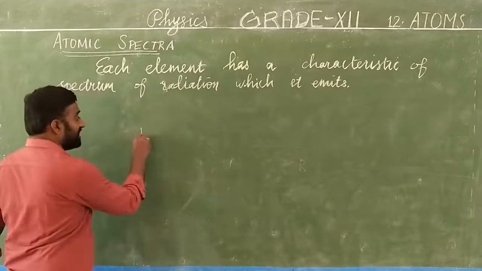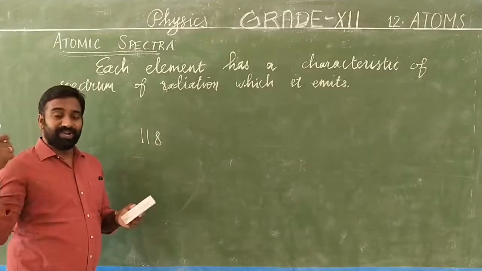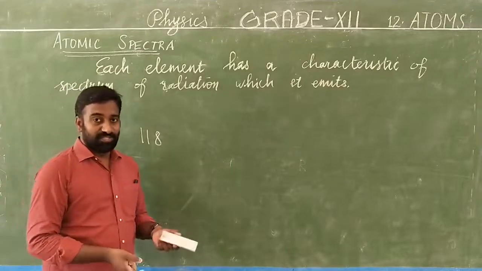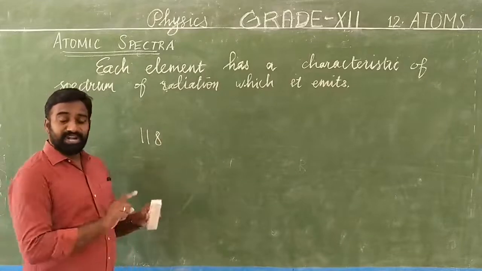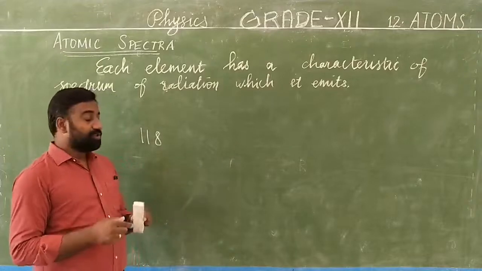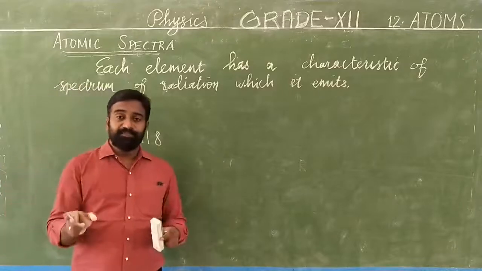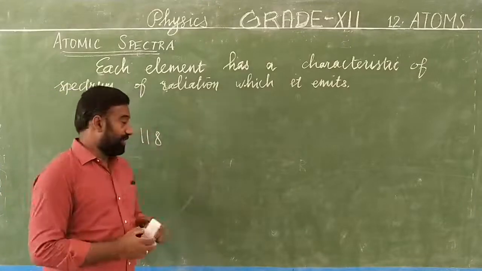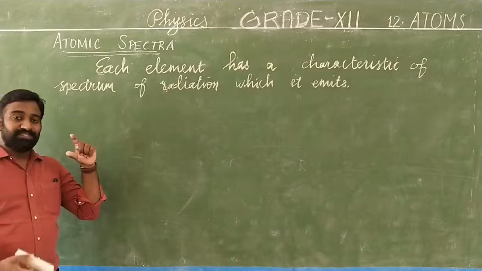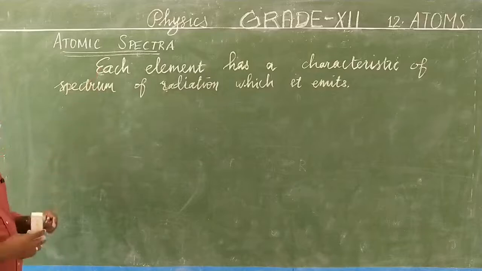Because on our Earth we have 118 elements, and for each element, when you pass some potential, that is, you create some current, it emits radiations. All the elements do not have the same radiations. Each element has a characteristic radiation of light which it emits. Different elements have different wavelengths of spectrum. So this is atomic spectra, because the gas atoms absorb the energy and then emit some radiations.